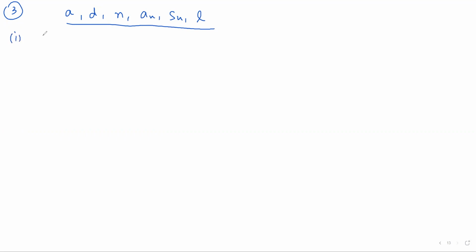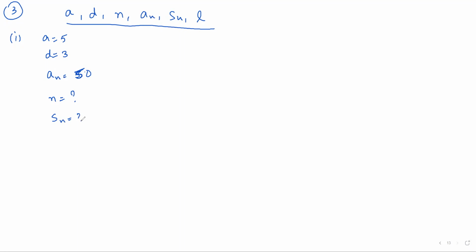Now, first part, A is 5 and D is 3, AN is 50, and you have to find N, you have to find SN, right? Okay. So something will be given to you.